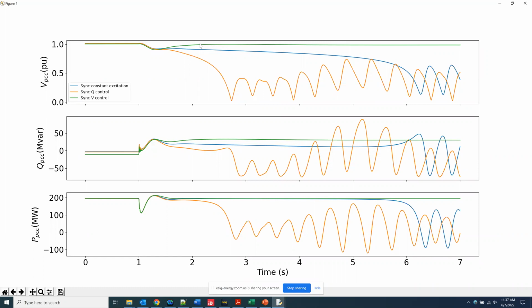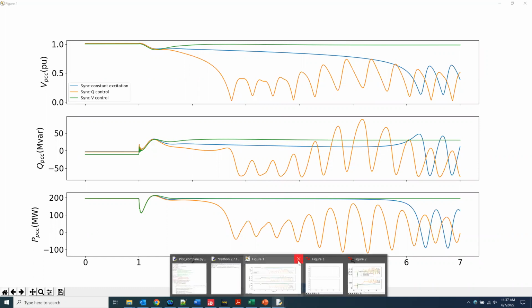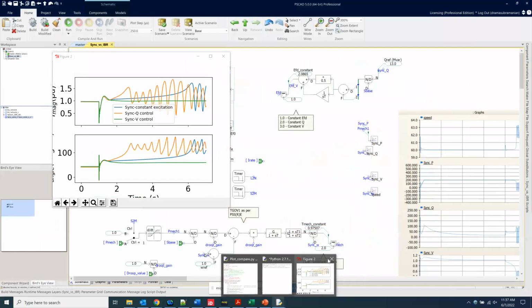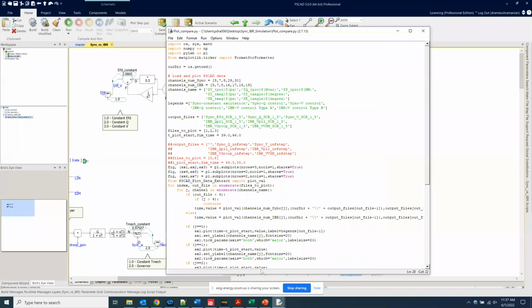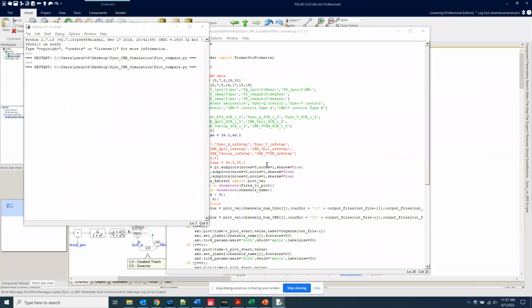Now, if we transfer this to an inverter-based resource system, traditionally the way inverter-based resources are structured, and this is the simulation running, you have a plant controller which looks at the point of interconnection, and you have a plant controller trying to maintain closed loop voltage control at the point of interconnection.